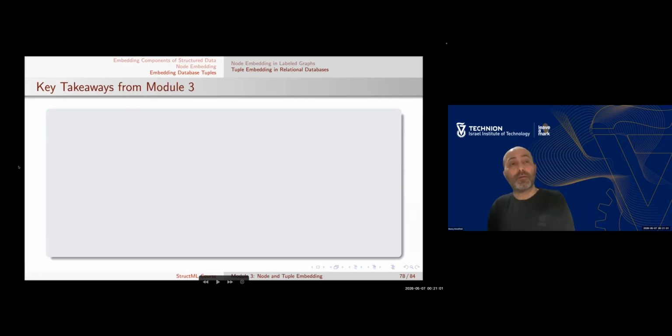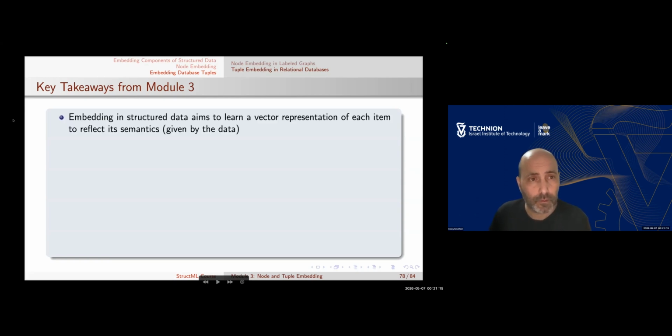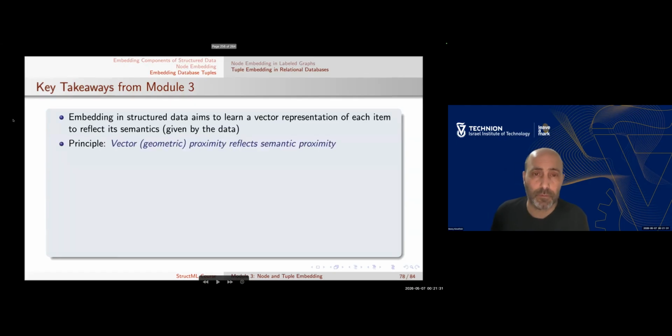Okay, and that's all. It's time to take the takeaways from the whole module three, where we talked about embedding of structured data, node embeddings, and tuple embeddings. In embedding structured data, our goal is to come up with a vector representation of each item to reflect its semantics, and its semantics is defined by the data.